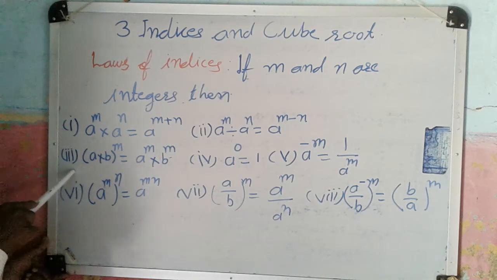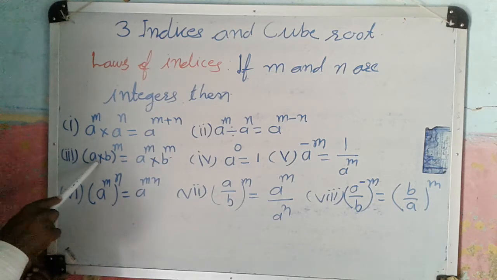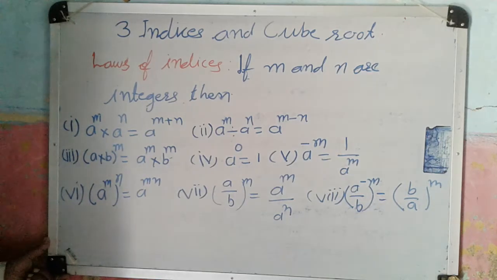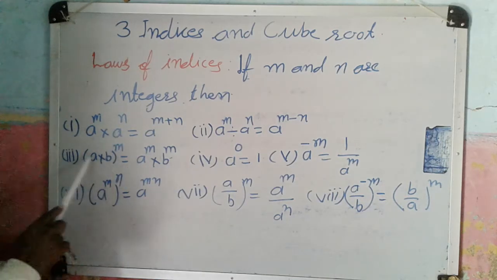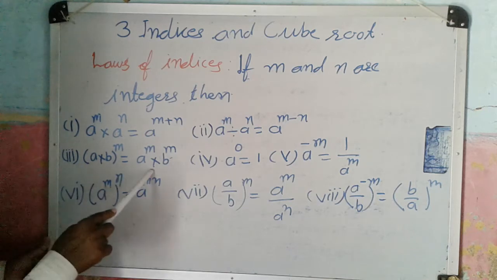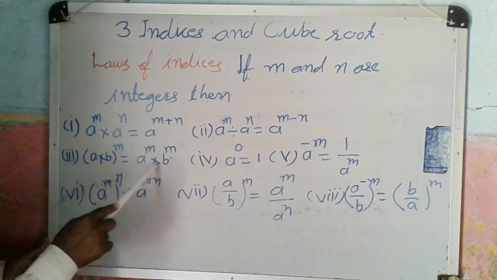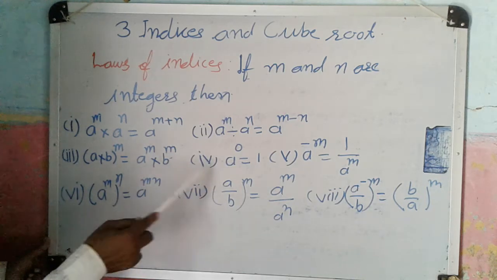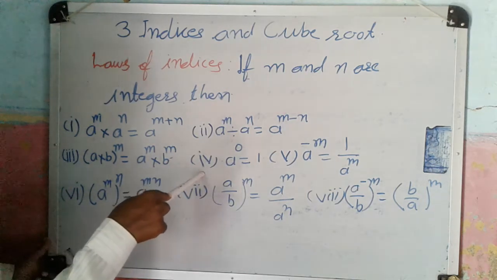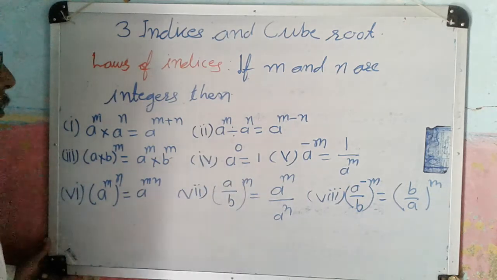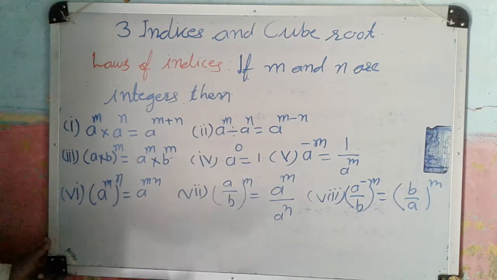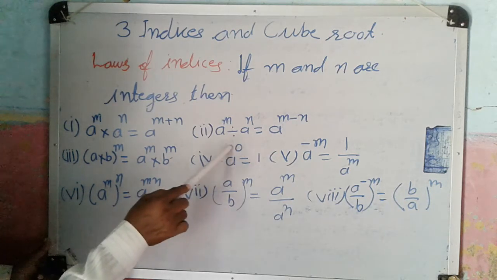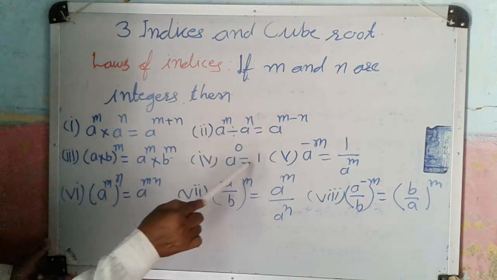Now the third law: bracket a multiplied by b, bracket completes, raised to m. If you remove this bracket, then we will get a raised to m multiplied by b raised to m. Now the fourth law, a raised to 0 is equal to 1. That means if the index of any number is 0, then that value is always 1.